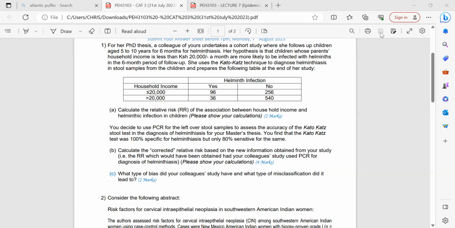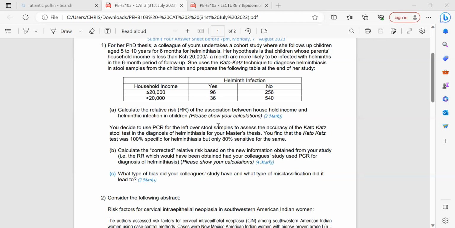I'm saying yes, because it is 80% sensitive, it means only 20% were misclassified. So we just do 80% of 96, 80% of 36. We don't subtract anything. If it were 20%, we would do 20% of 96 and then subtract. But because it is 80%, we're not subtracting anything.